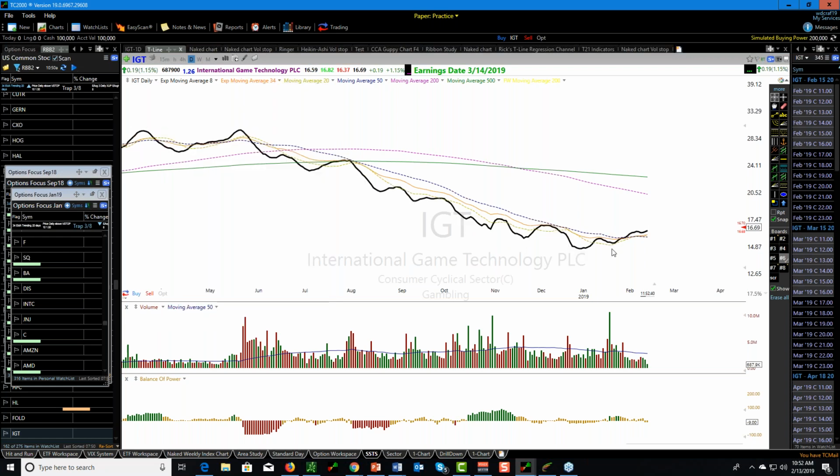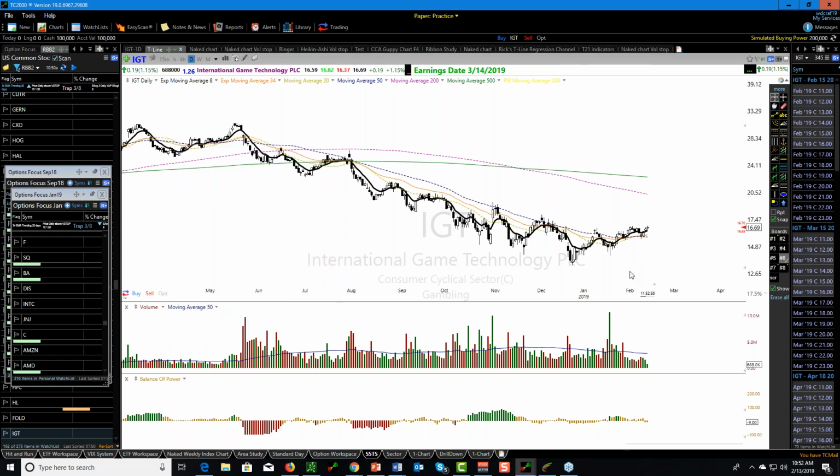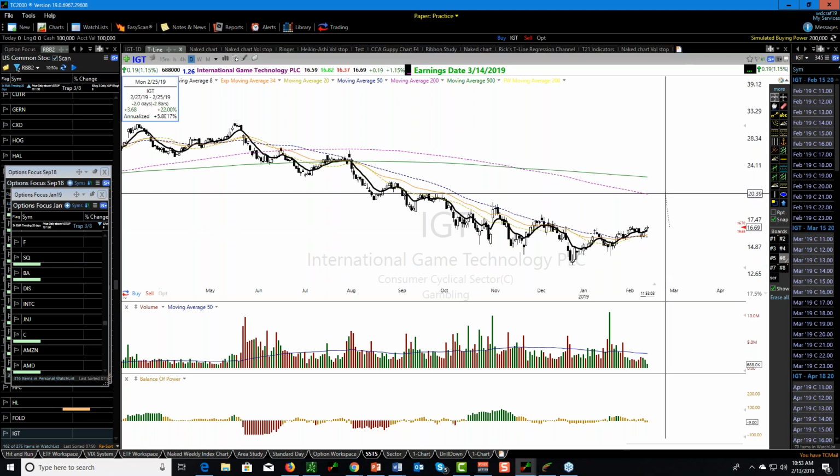The moving averages are starting to round over and create that moving average squeeze right here. Now, the pattern calls for the ultimate target to be right up here at the 200-day moving average. To actually reach that 200-day moving average, we require a minimum of 10%. And you can see IGT here has a potential of 22% just to the 200-day moving average up here.